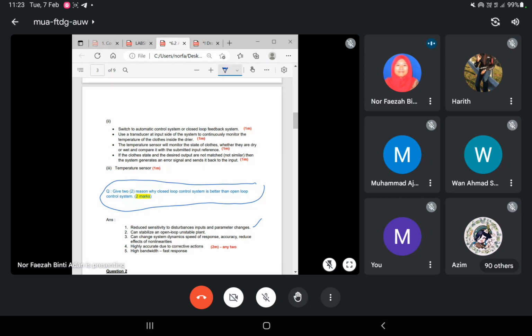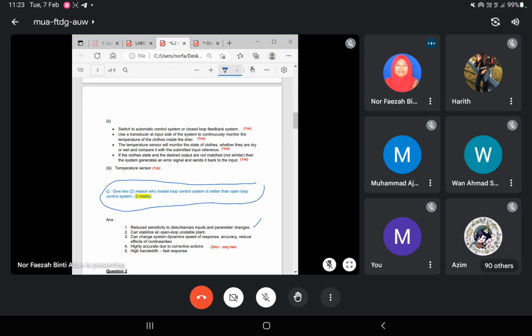Okay. And then number 2, can stabilize an open loop unstable plant. Why it can stabilize? Because it has a feedback. Again, when it has a feedback, whatever error that it has, it will be able to fix it lah, given that it is within the design margin.